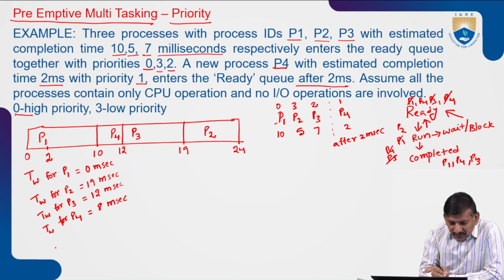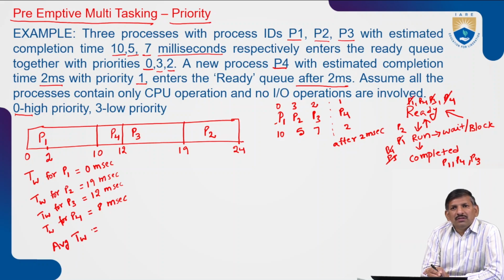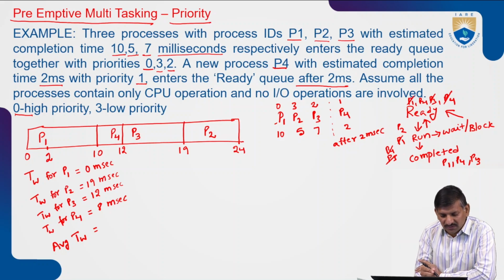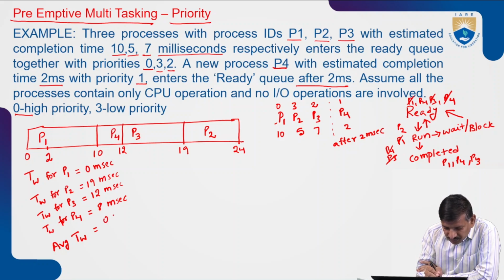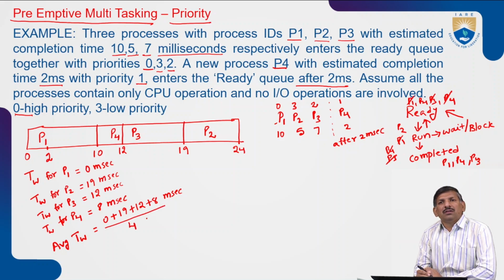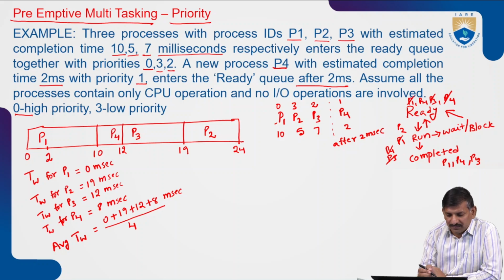So the average waiting time in this requirement is the sum of all the individual waiting times divided by the total number of processes.